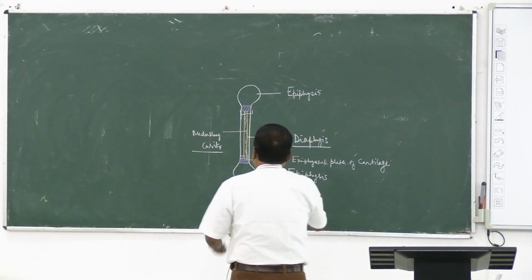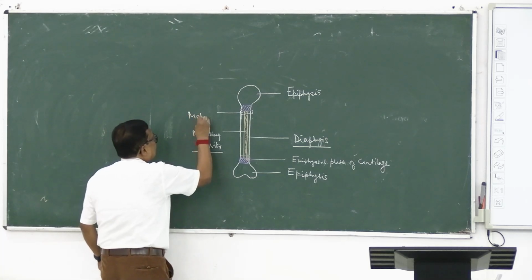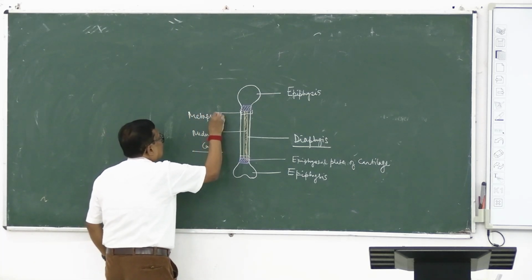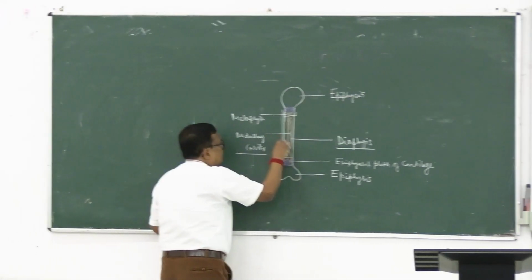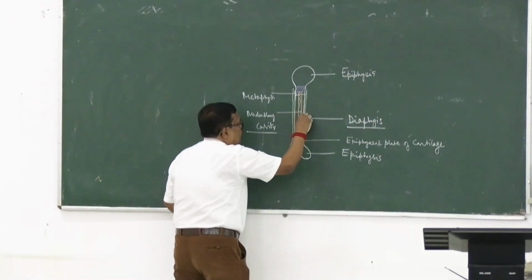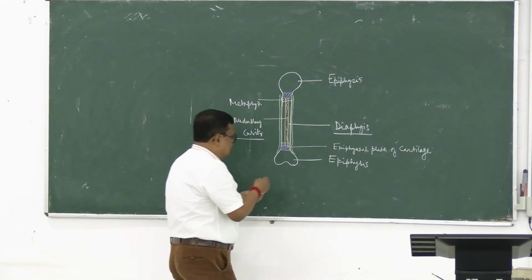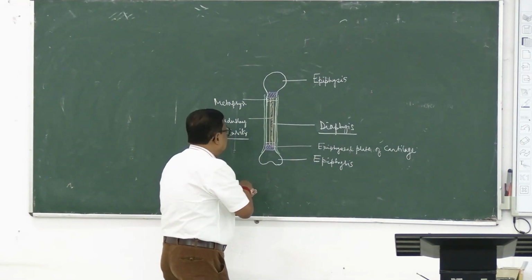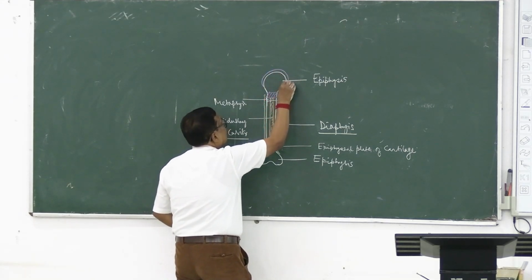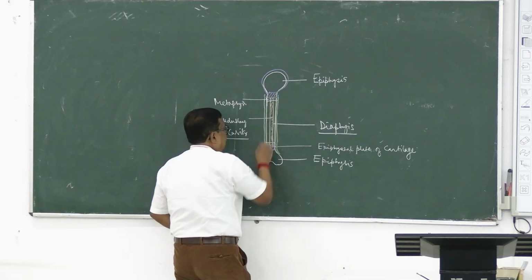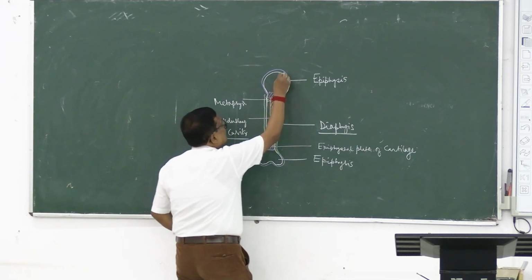This is a bone, the metaphysis. The upper end of a long bone is usually articulating and is covered by a cartilage, usually a hyaline type of cartilage.